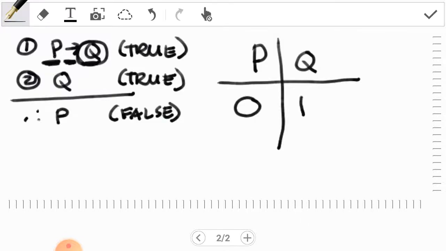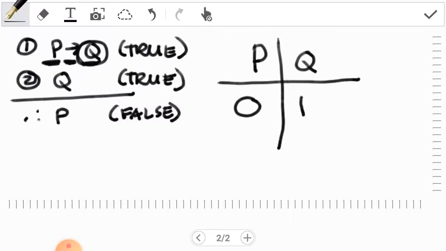P is 0, and 0 implies Q, where Q is 1, or true. Since P is false, this must be a true value. And then Q is true, so the second premise is also true.